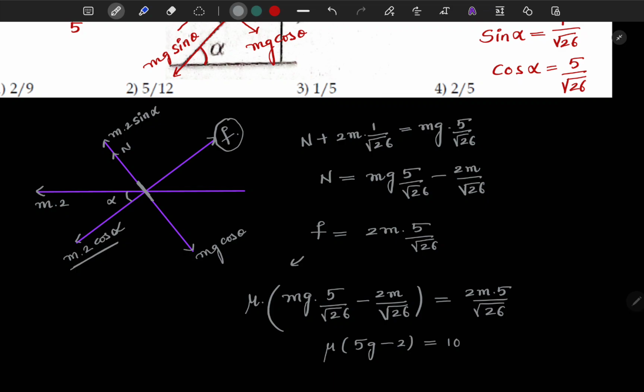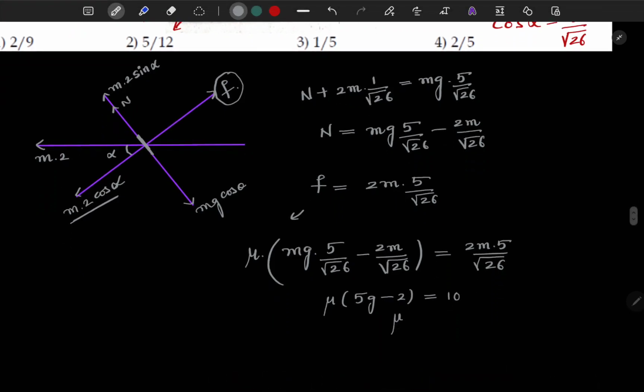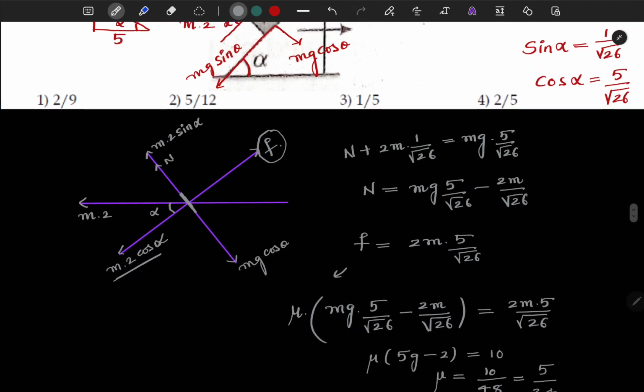So let's take g is equal to 10, then you have mu is equal to 10 upon 50 minus 2 is 48. So we can write this as 5 by 24.